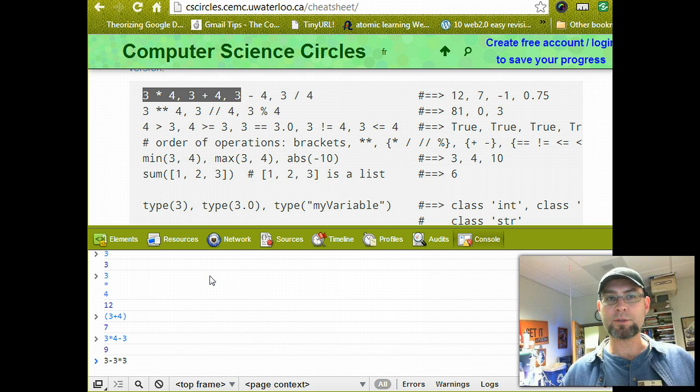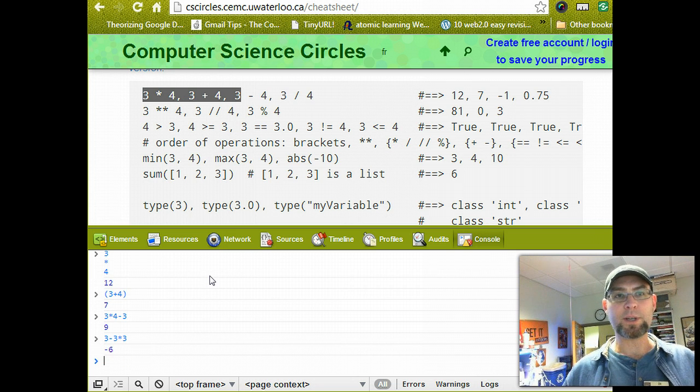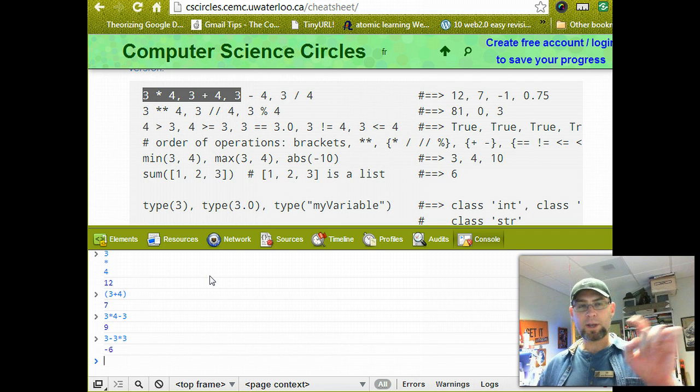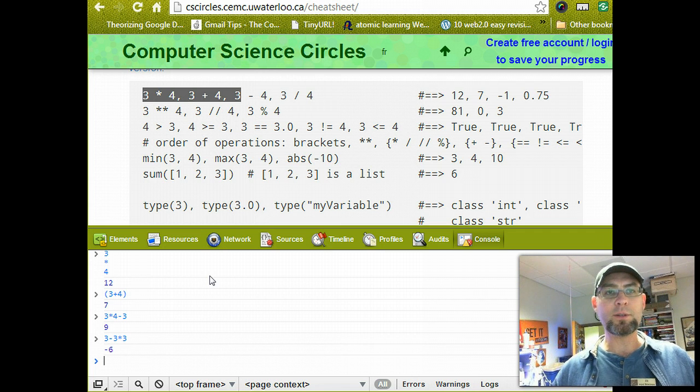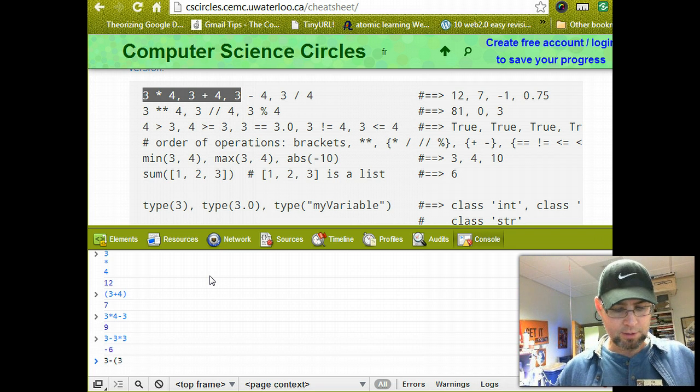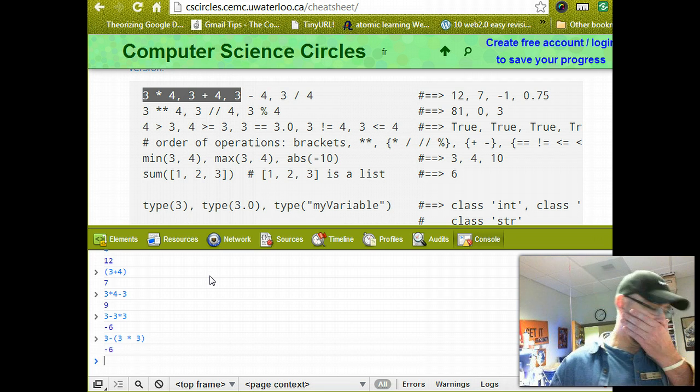We expect 3 minus 3 would happen after 3 times 3, so 3 times 3 is 9. 3 minus 9 is going to be negative 6. Sure enough, we get that. You should never code in a way that you're wondering what happens first. So even though we know what's going to happen here, you should code this as 3 minus 3 times 3. And notice for style purposes, I really like to have the spaces in there. I don't like when they're jammed together.